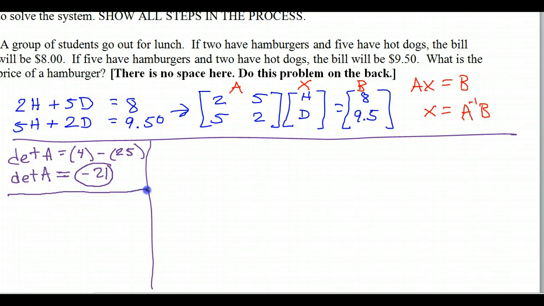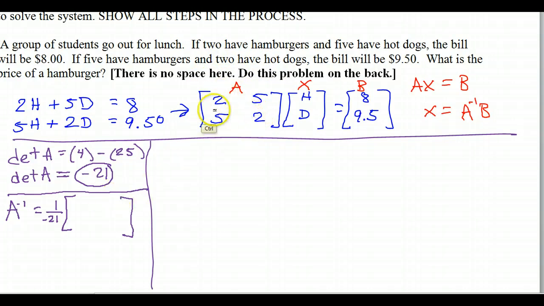Now, when I go to do the inverse, my A inverse is going to be 1 over negative 21. And here's where I reverse and negate. When I say reverse, I'm talking about the down diagonal.